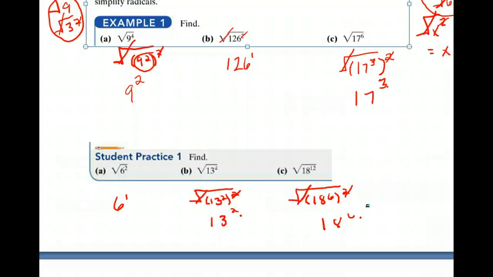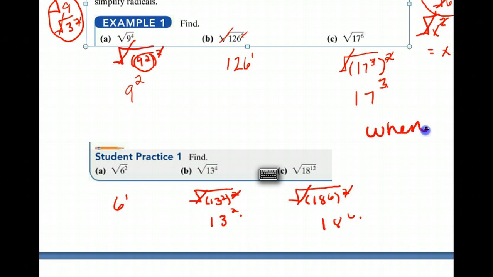I've taught you the work. I've taught you the behind the scenes of what mathematically is happening. But there's a shortcut, okay? When you have an even power underneath a radical, you can simply divide by 2 to evaluate that square root.